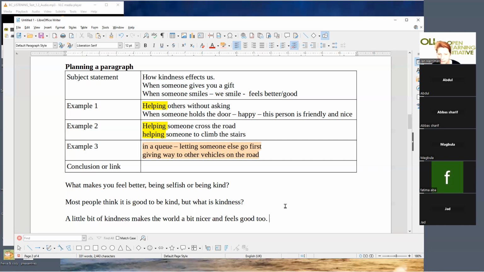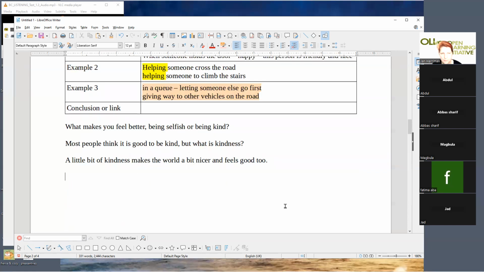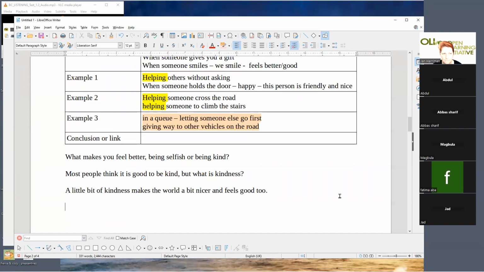Can I say how kindness can change our life, for example, or change everybody's life? Okay. Is how like that? Yeah. For to be kind to change somebody's life.